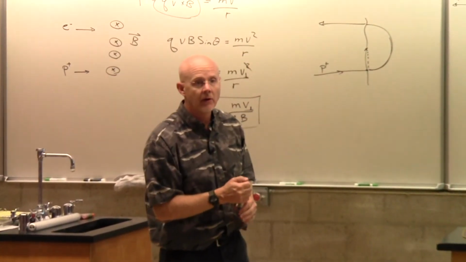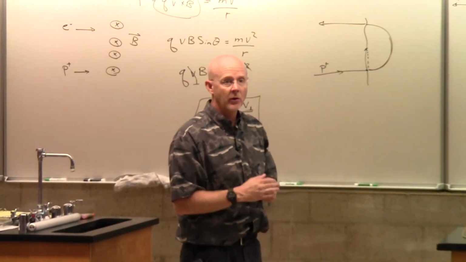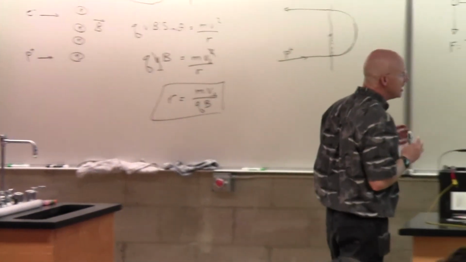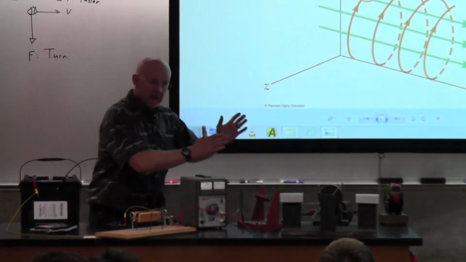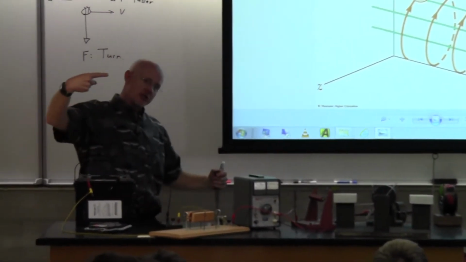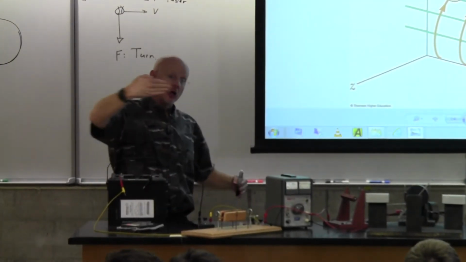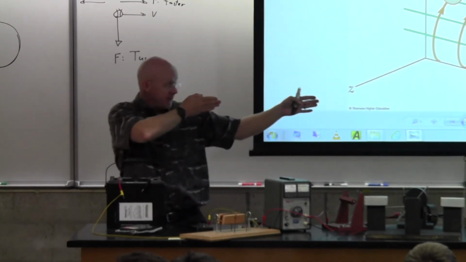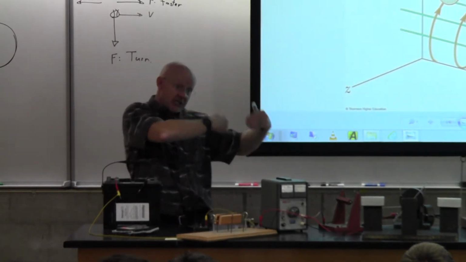Why does it go down the x-axis and not just go over to the p? Again, the initial speed. If this is the x-axis, this way, if you give it an initial speed like this, so that it has a component in the x-axis, the part of the speed that's in the x-axis continues.